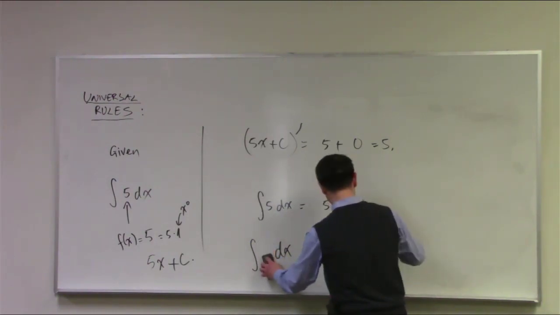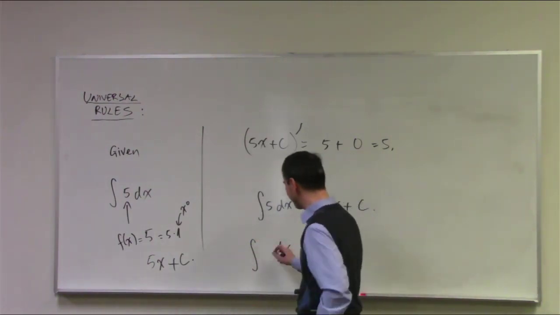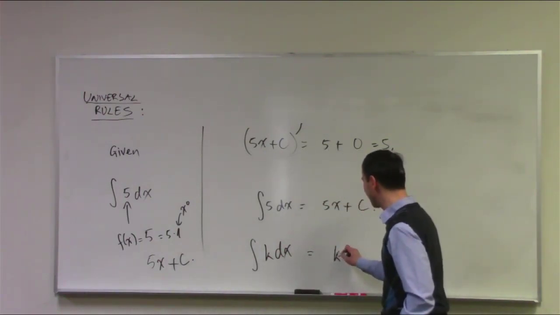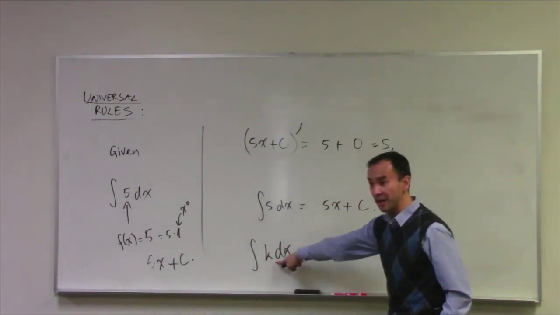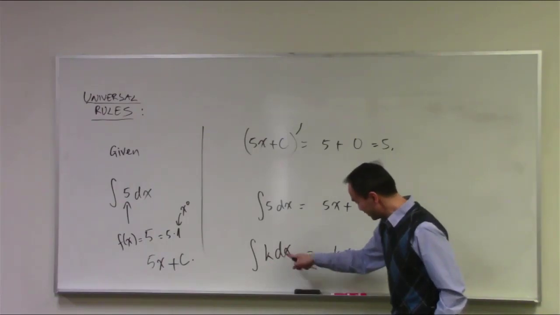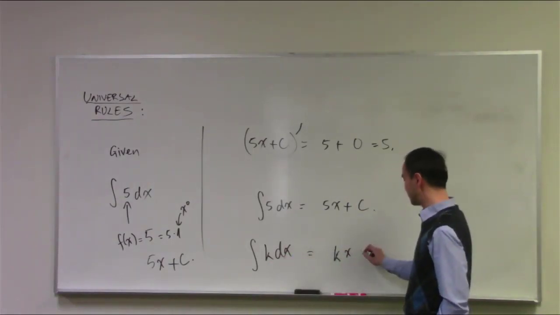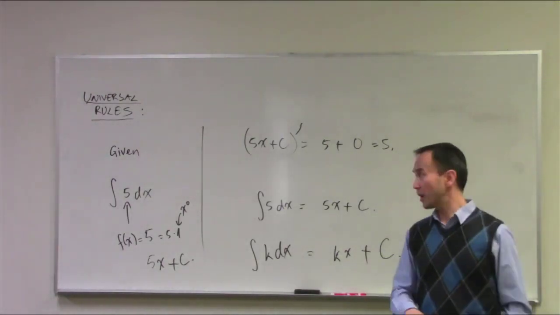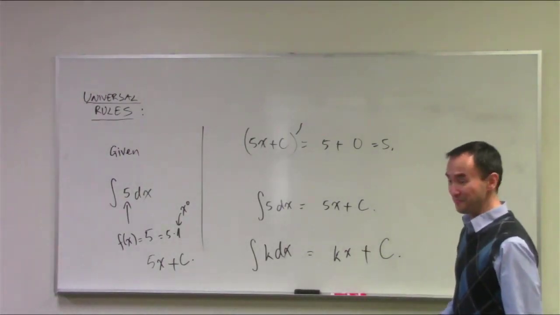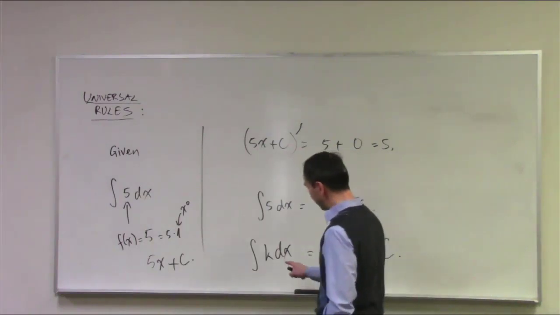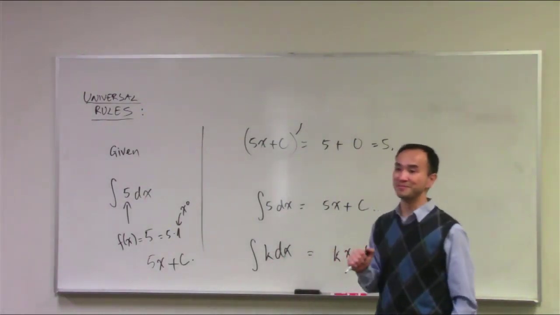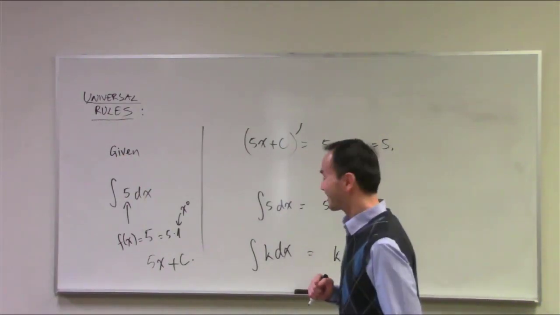Because I already use C, and sometimes it's hard to distinguish between the lowercase c and the uppercase C. So you have a constant k. Taking the antiderivative gives you simply kx plus c. So that is one rule to know already. Anytime you take the antiderivative of a constant function, it gives you just kx plus c. Sound good? All right.